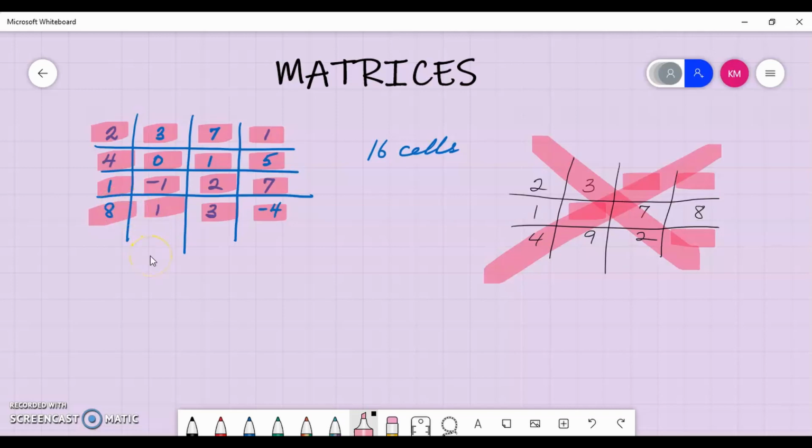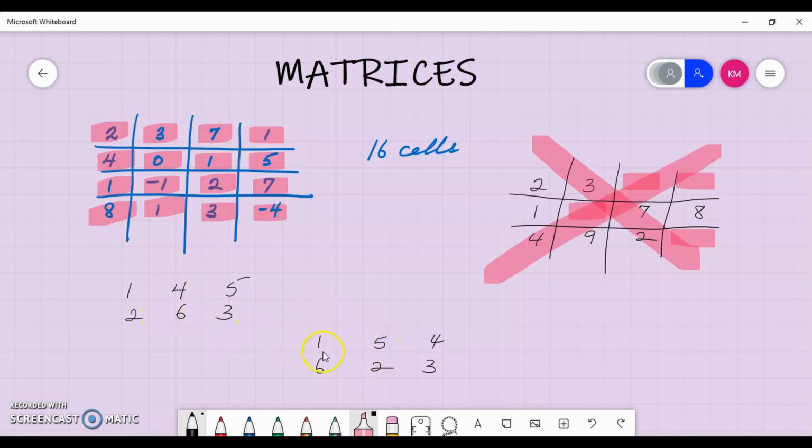So for example, if I have another matrix, let's say I have this matrix here. This is not going to be the same as this matrix.